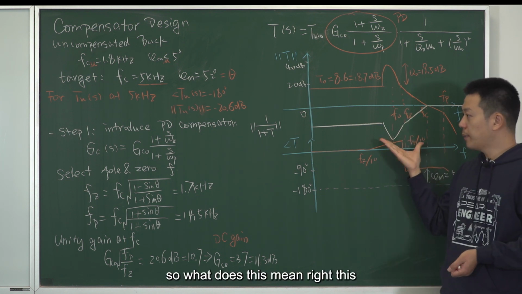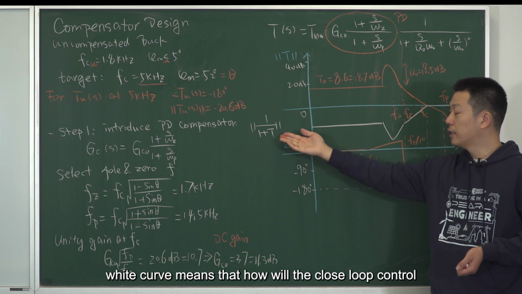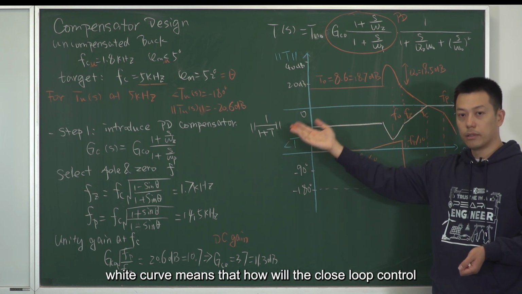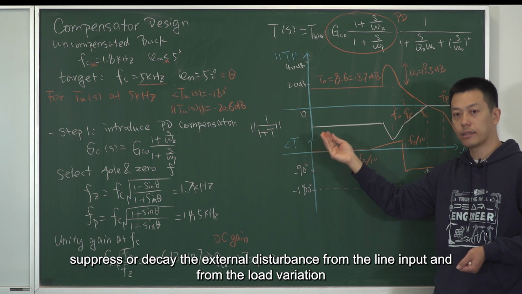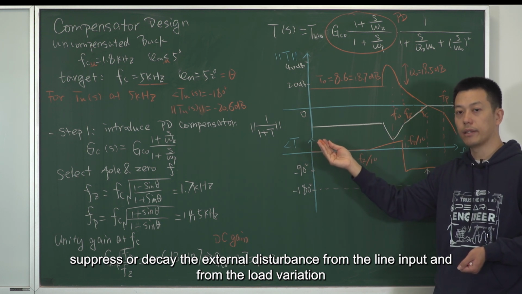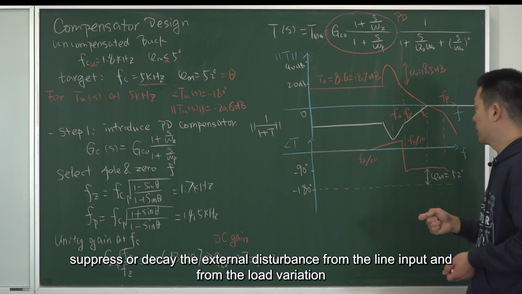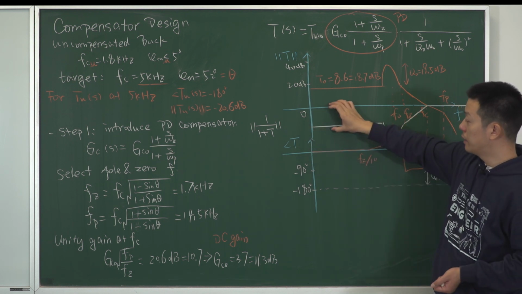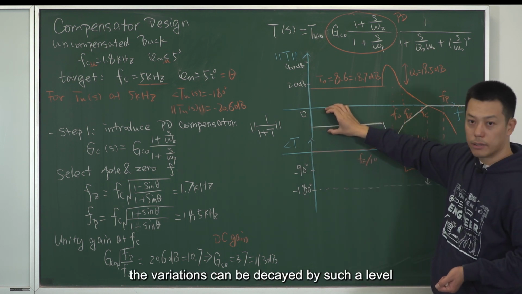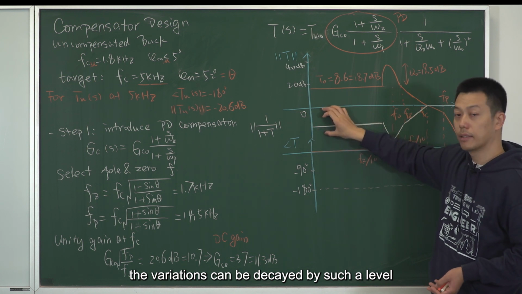So what does this mean, right? This white curve means how the closed loop control suppresses or decays the external disturbance from the line input and from the load variation, right? So this means that at low frequency range, the variations can be decayed by such a level.